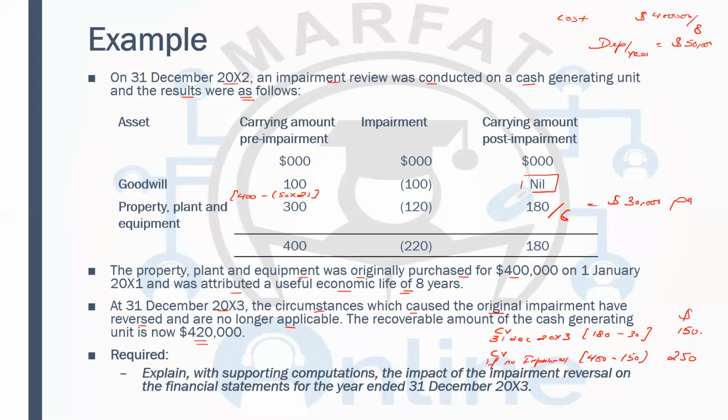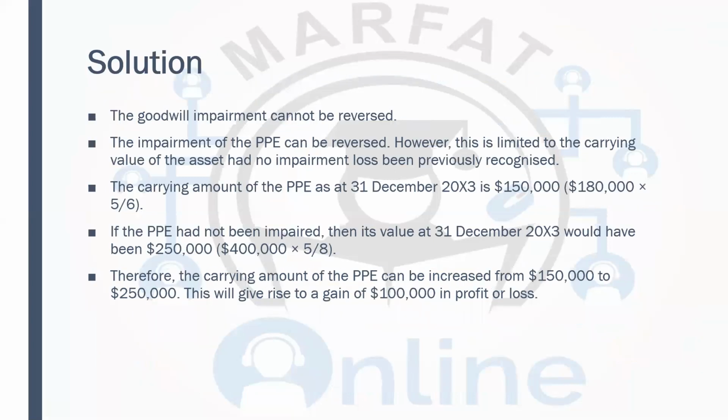Now that means you can only record the reversal of 100. So what you're going to do is debit asset by 100 and credit profit or loss by 100. This is how you are going to record the reversal of an impairment loss. So the gain of 100,000 should have been reversed.